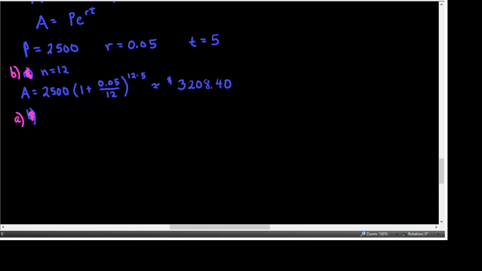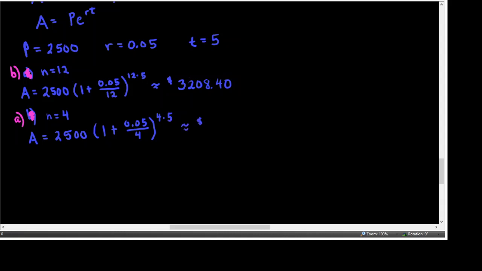Okay, so let's go back and do quarterly, which would be n equals 4. So that's 2,500 times 1 plus interest rate 0.05 divided by n, which is 4, raised to the power of 4 times t, which is 5 for 5 years.